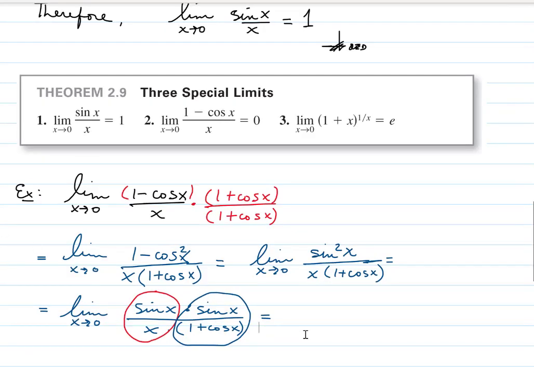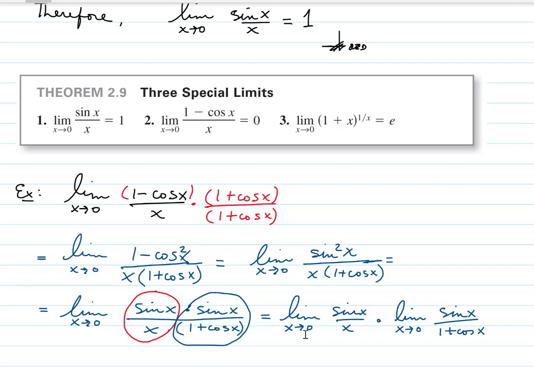Well, let's put them apart, and then we'll actually confirm that they exist. The limit as x goes to 0 of sine of x over x, times the limit as x goes to 0 of sine of x over 1 plus cosine of x.